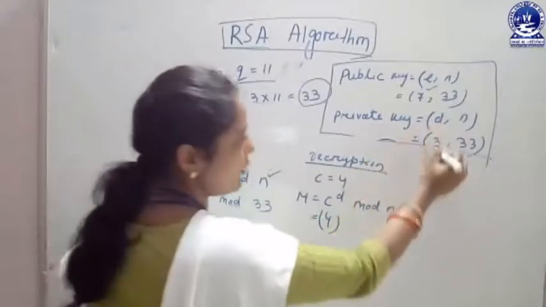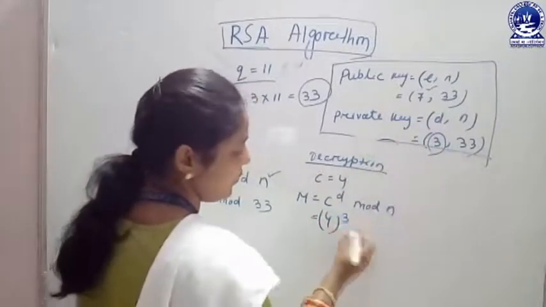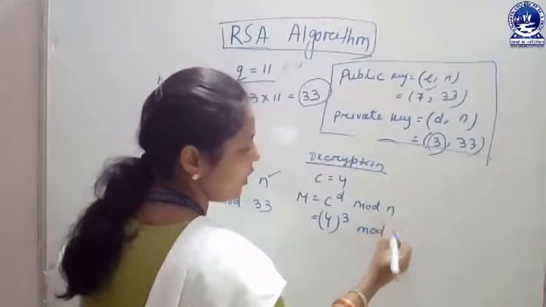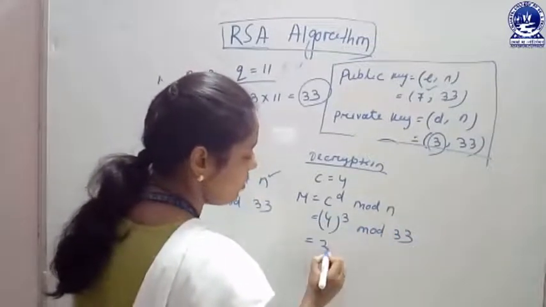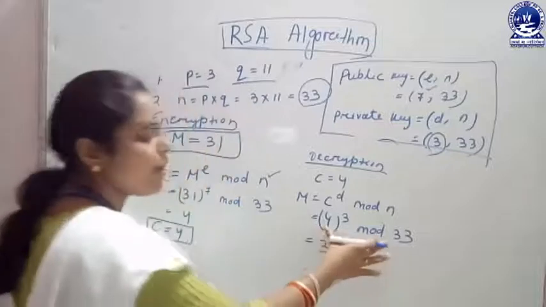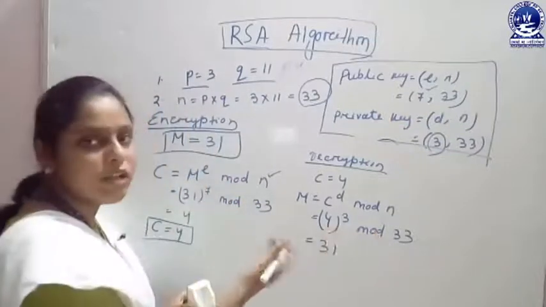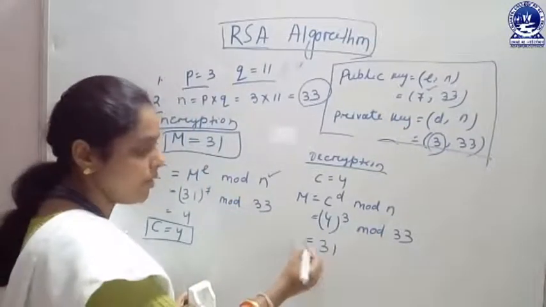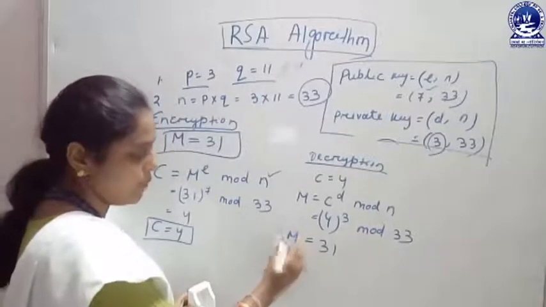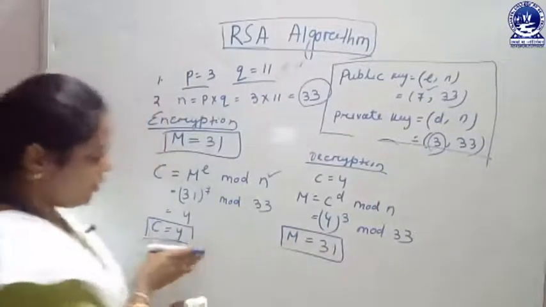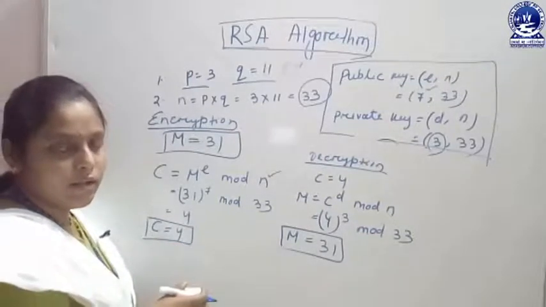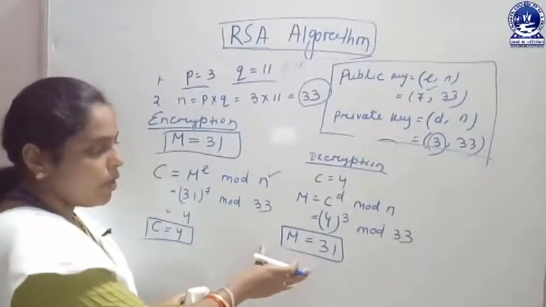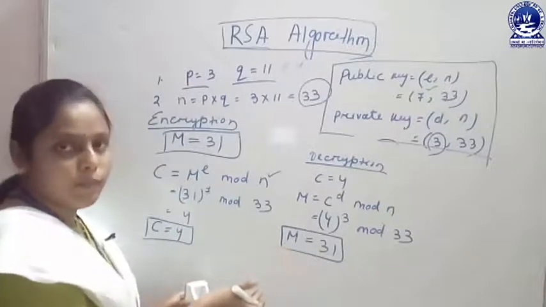Here the value of d is 3. Then mod n, n value is 33, which is equal to 31. If you calculate or check this equation, you must get the value of M, that is 31.